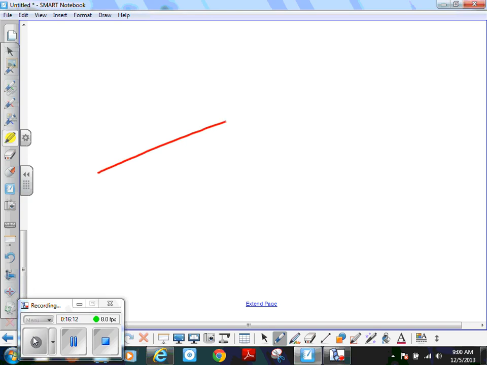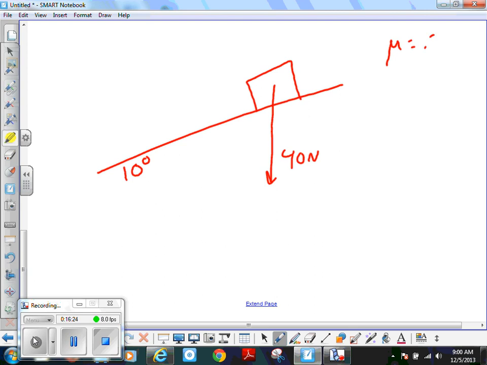So let's try one more. Let's say that we have the same ramp at 10 degrees, and we have the same box, 40 newtons. Let's say that our coefficient in this case is 0.5. So let's see what we max out at. So the force max is going to be the coefficient times the normal.